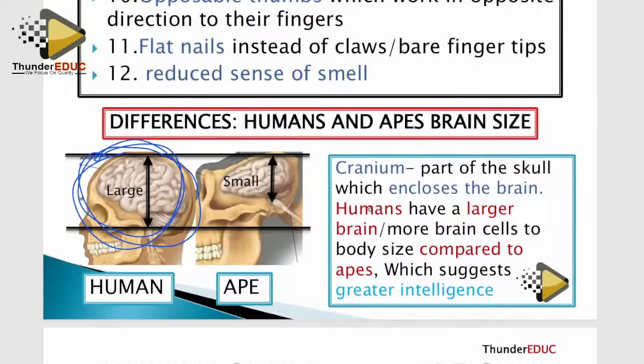So humans have a larger cranium, meaning more brain cells compared to body size, which suggests a higher intelligence. We have a higher intelligence because we have a high number of brain cells compared to other organisms, and this is linked to body size.